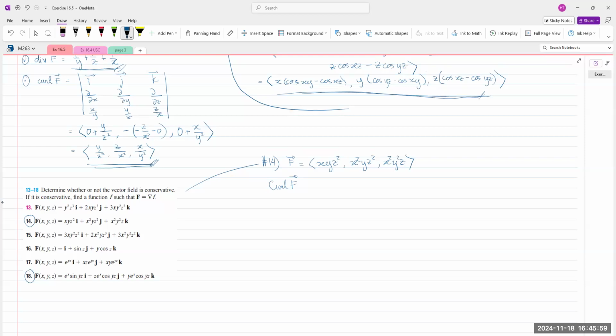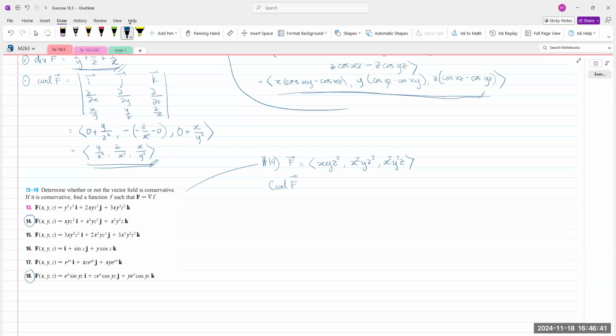Think of it this way: the force field is not conservative because some of the force is being used to rotate the point on the path, while it is conservative if there's no force, therefore no work, being used to make that rotation.